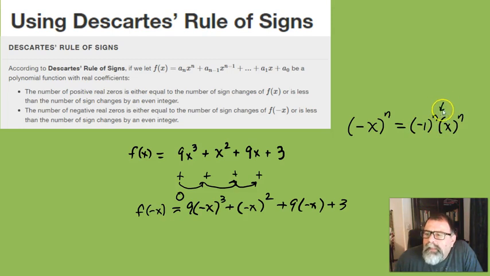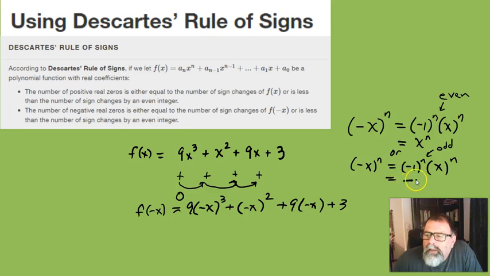If this is an even power, the negative becomes positive 1 times x to the n. If this is odd, you're going to get negative x to the n. So this is odd, so this negative comes out, and I get negative 9x cubed.